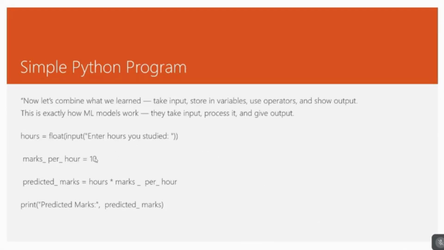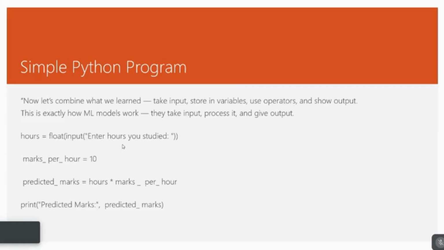Here in this, we use the input function, like hours. We are all the user. We put hours, how many hours we study. So for user input, we use the input function, and after input, we write "Enter hours you study".